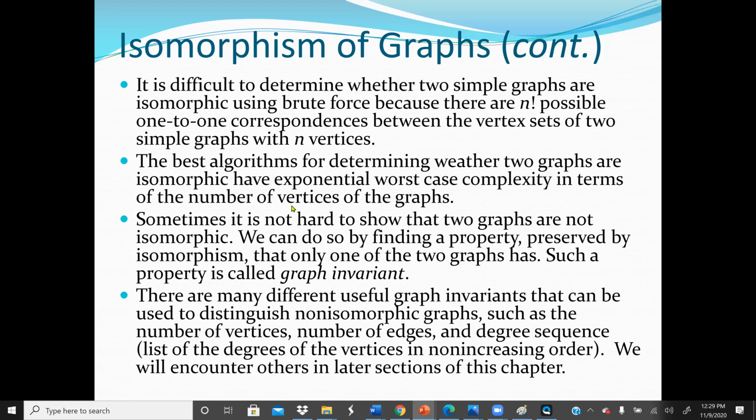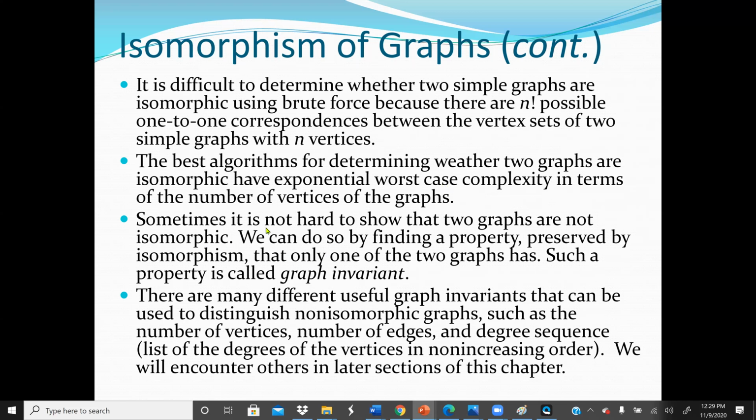So the best algorithm for determining whether two graphs are isomorphic has exponential worst case complexity in terms of the number of vertices of the graph. So we can see that as the number of vertices increases, the possible combinations also increase. So that's why we say it has a worst case exponential complexity.